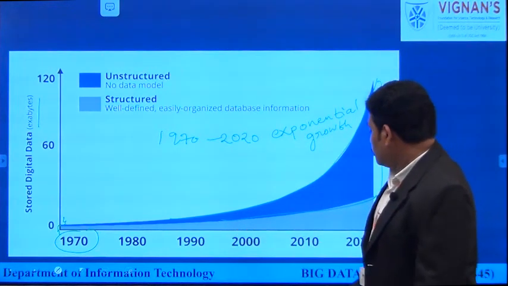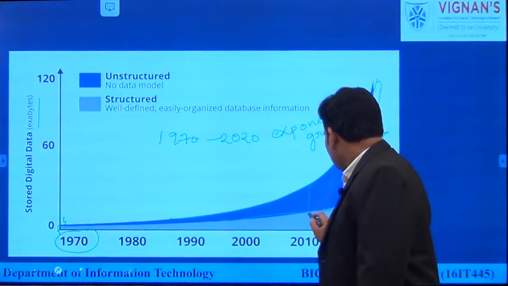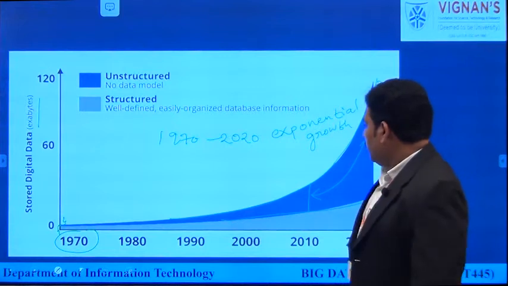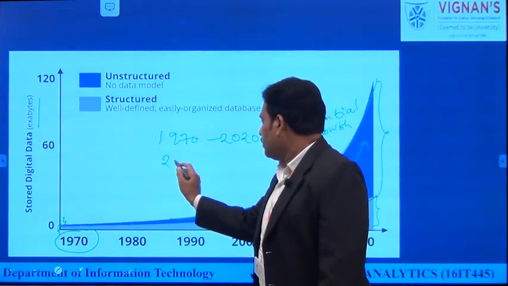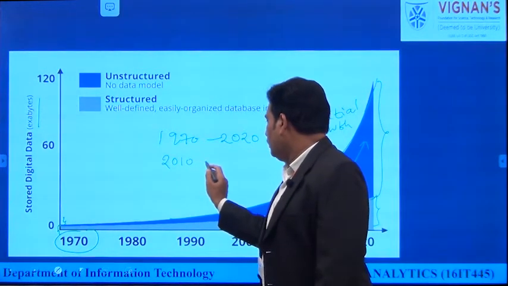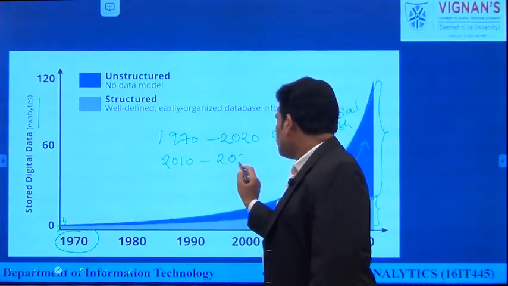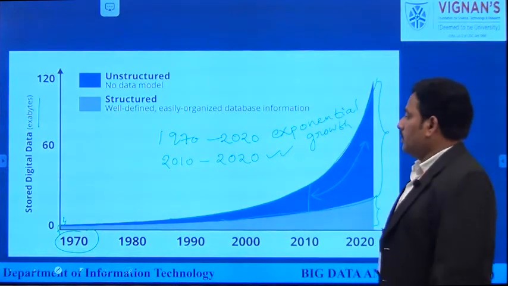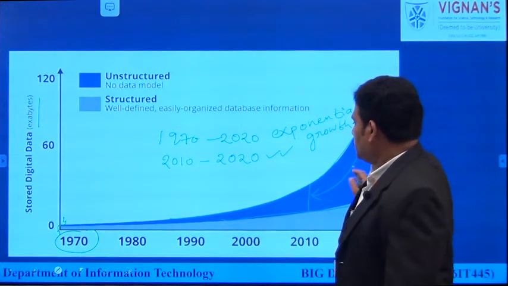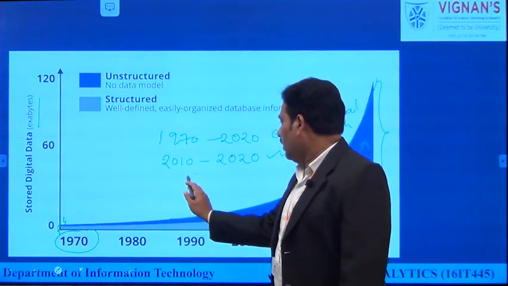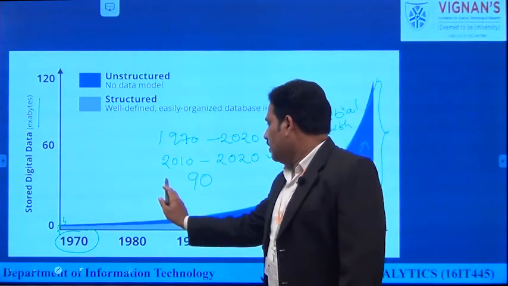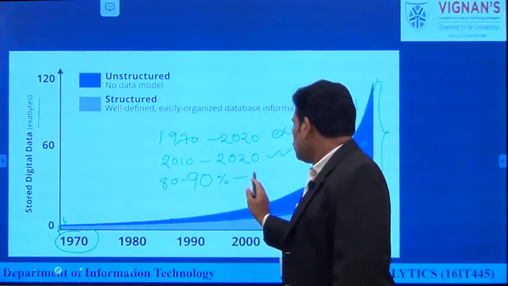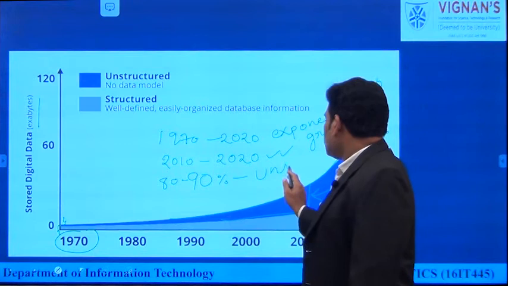And if you look closely at this portion, there is a huge generation of unstructured data which happened only in the period 2010 to 2020. That means whatever data is taking a vital position in real-time applications, 80 to 90% of it is unstructured data.